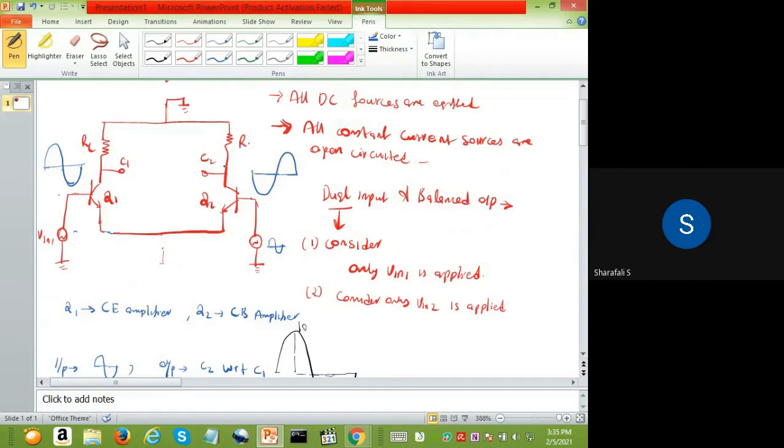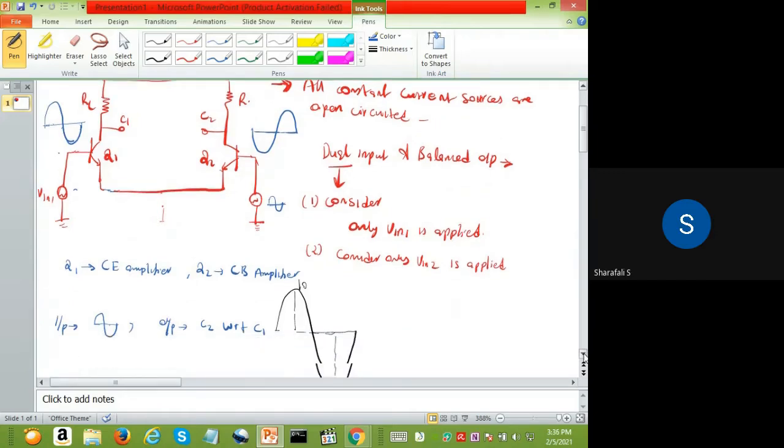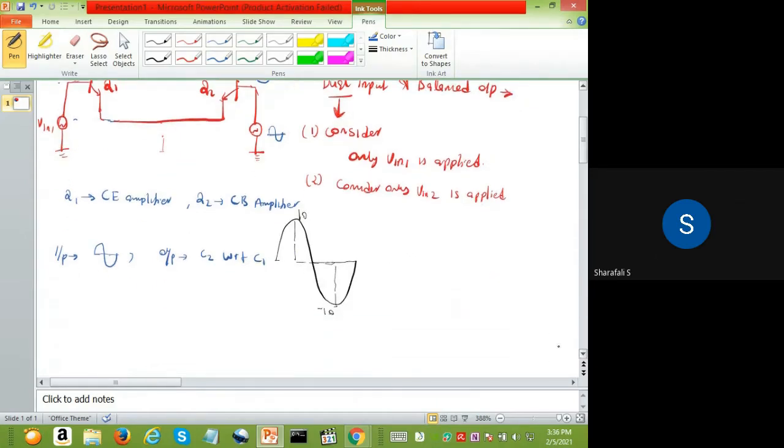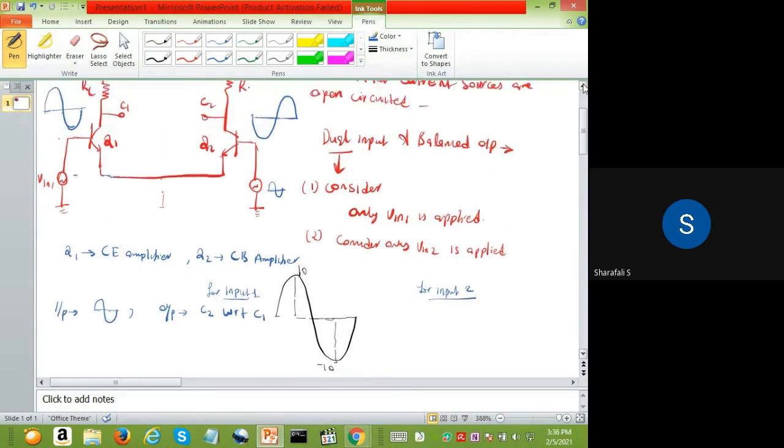Now you have to measure, in the same way, what will be that potential when Q2 is active, it means when the second input is active. So this is for input 1, and for input 2, what change can we expect?